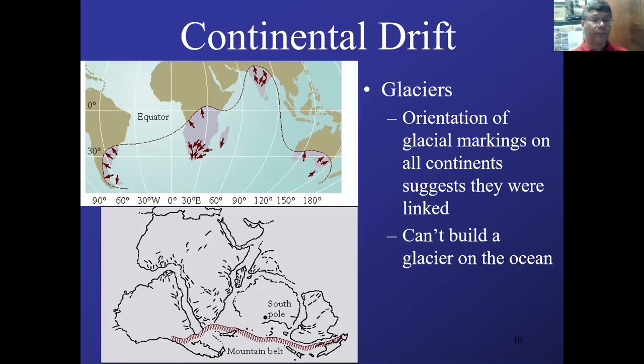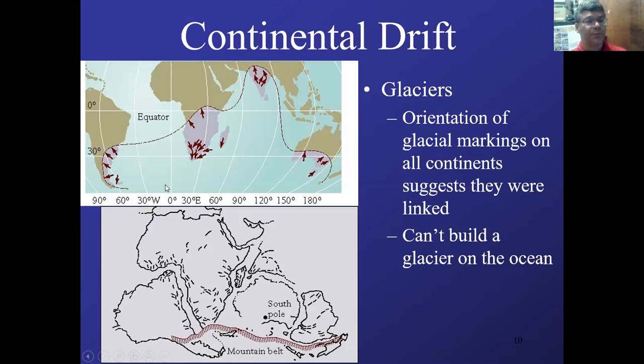One, you don't particularly find much glaciation in equatorial Africa, the middle of India, places like that. But if these once were near one of the poles, that would make a whole lot more sense of why you'd have a glacier there.